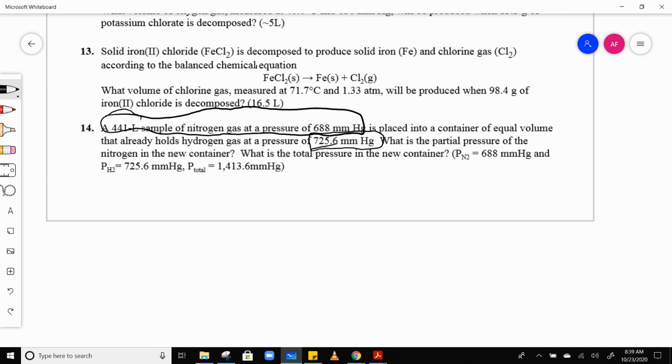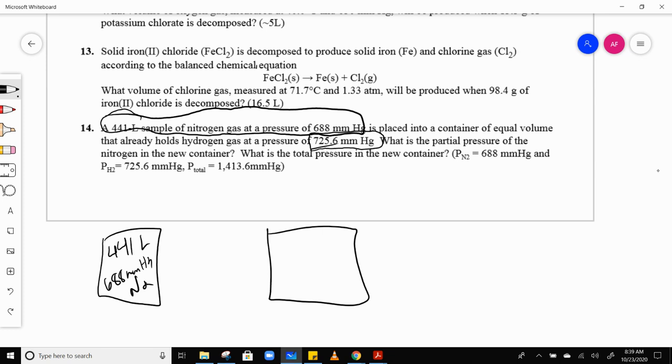So basically you're taking one container, it's 441 liters, and has 688 millimeters of mercury of N2 gas. Then you have another one, same 441 liters, and it's 725.6 millimeters of mercury of H2 gas. And you're going to take this one and add it to this one.